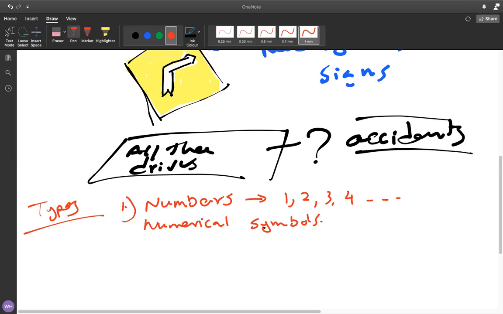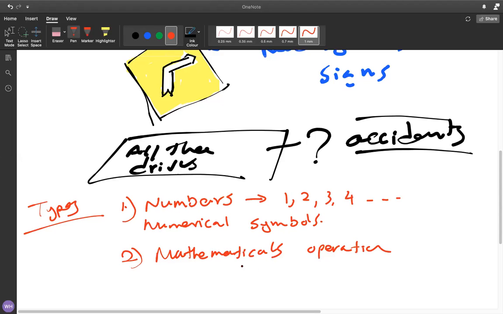Other than these numerical symbols, what are the symbols that you have used in mathematics up to now? What about mathematical operations? What are the signs that you use?